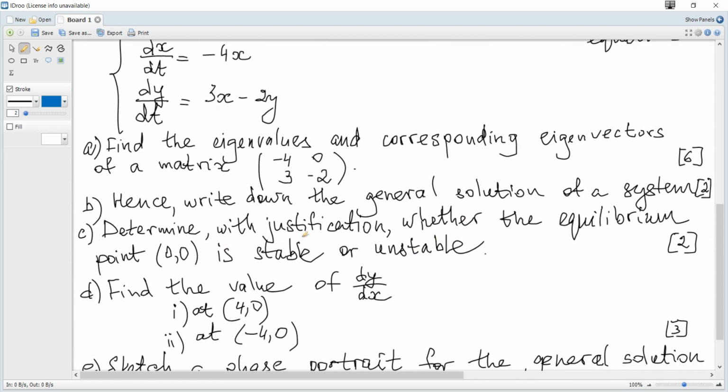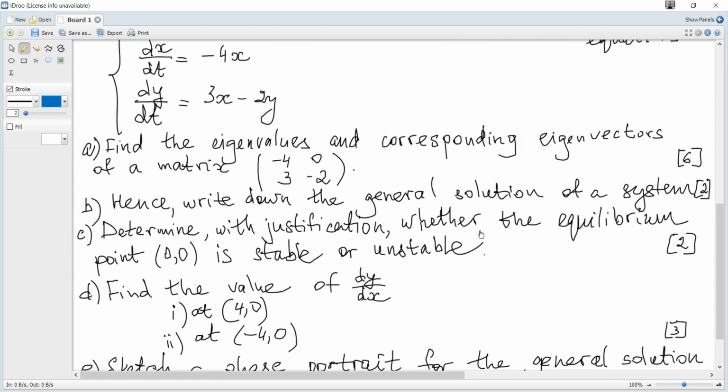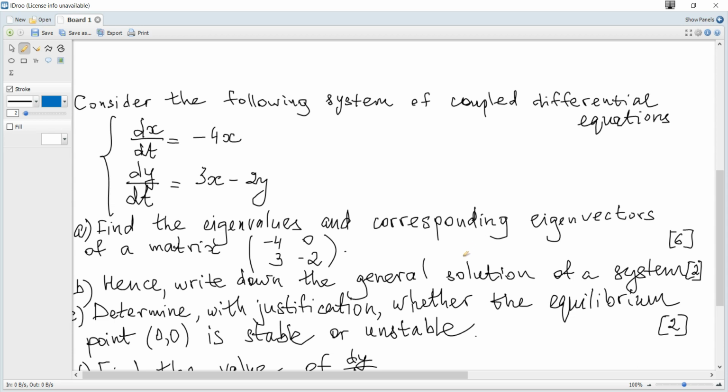So next, write down the general solution of the system. And actually, why do we need the eigenvalues and the corresponding eigenvectors? Because you can notice that this matrix is constructed from the coefficients of the given system of coupled differential equations: negative 4x plus 0y, and the coefficients are negative 4, 3, 0, negative 2.